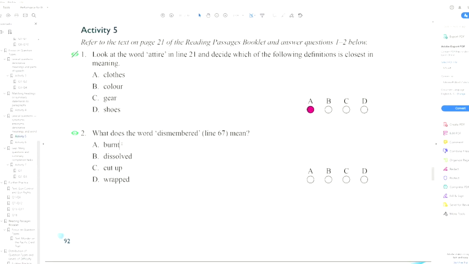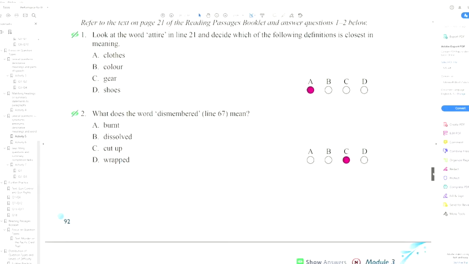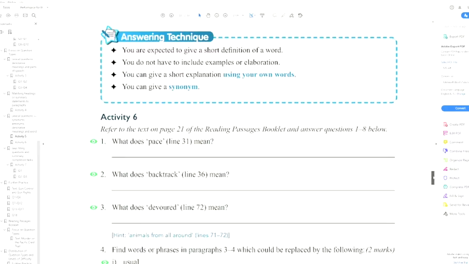So put the body parts in different parts of the forest. Burning wouldn't be doing that. Dissolving would be putting it in a liquid like acid or water, for example. That is not this. Cut up, yes. Wrapped, no. So it's definitely going to be cut up. Lovely.